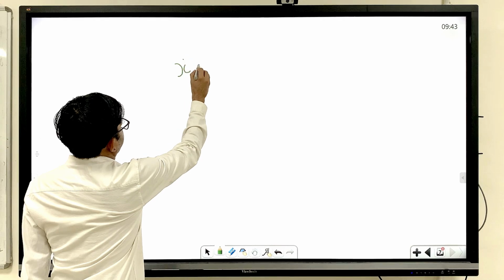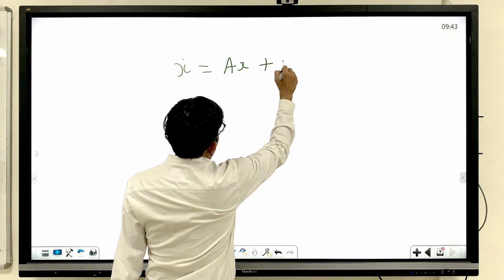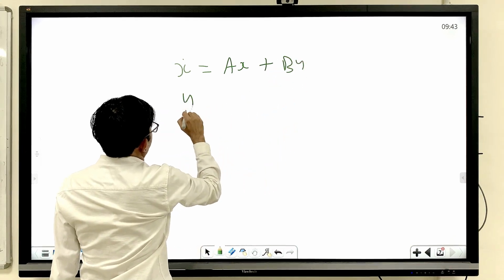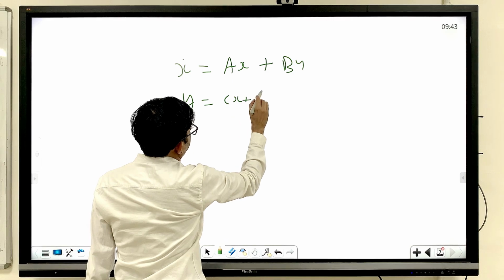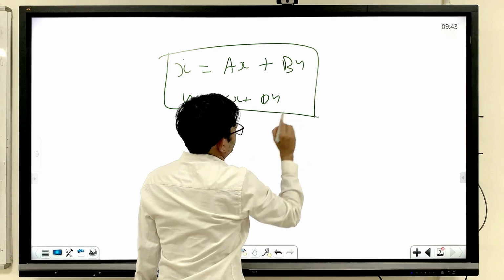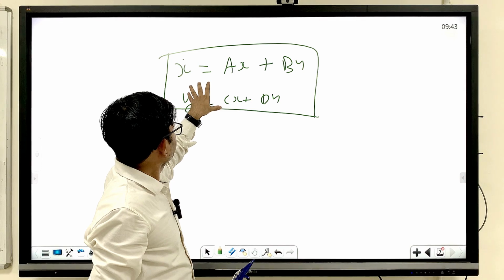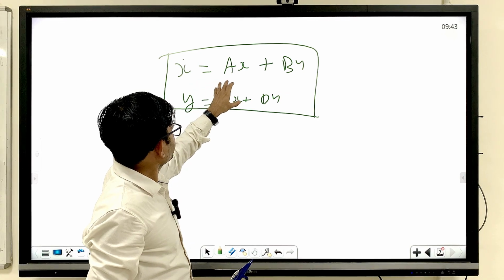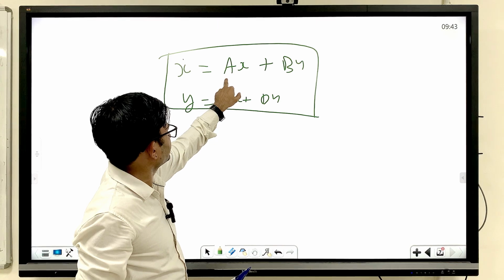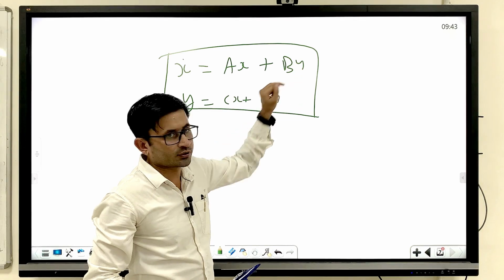Are you familiar with this equation? x dot equal to Ax plus Bu and y equal to Cx plus Du. So x dot is generally written as Ax plus Bu, where A is the system matrix, B is the control matrix, x is the state, u is the control input.